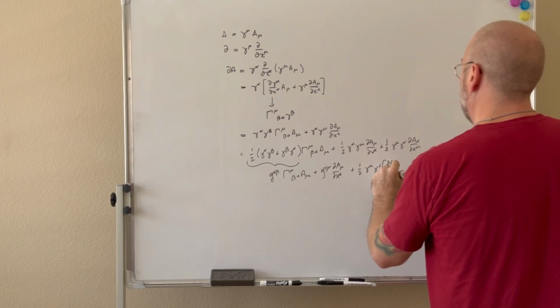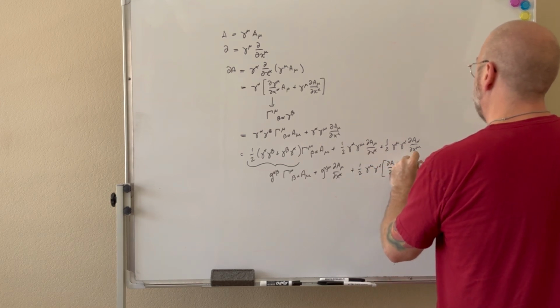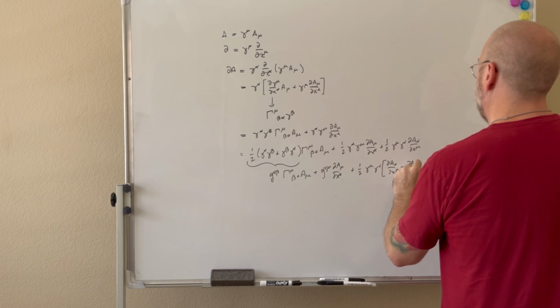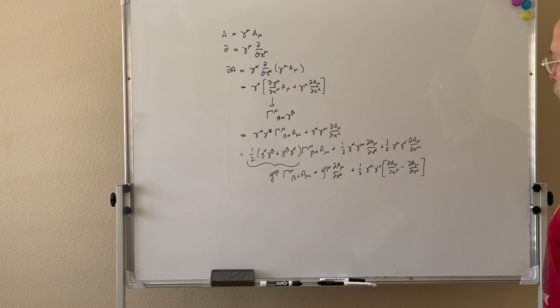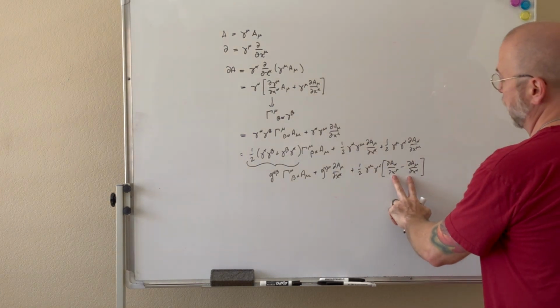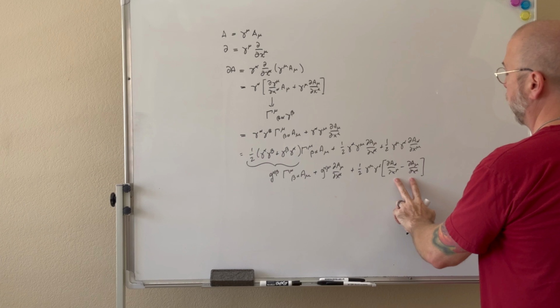alpha minus d mu dx alpha. We're almost done with this. This is anti-symmetric in mu and alpha.